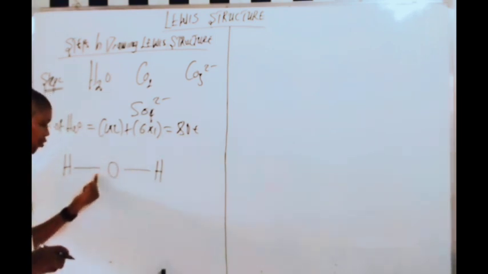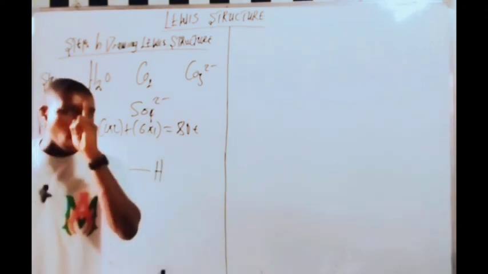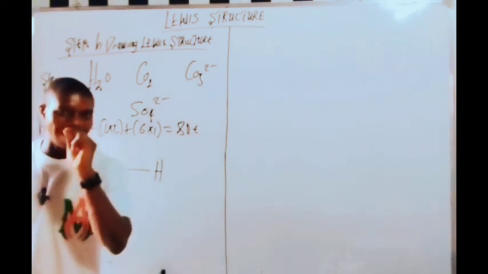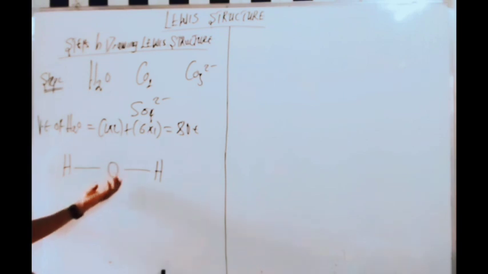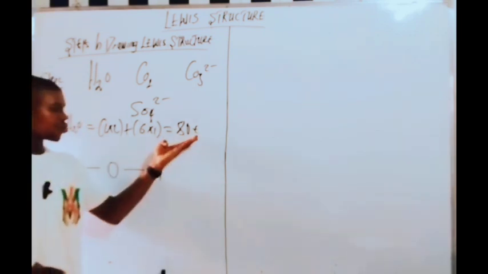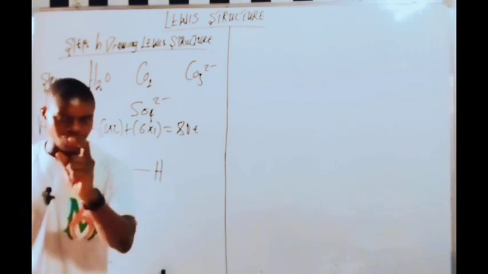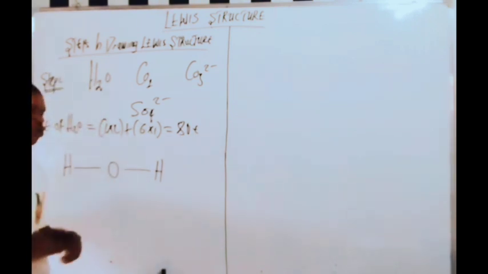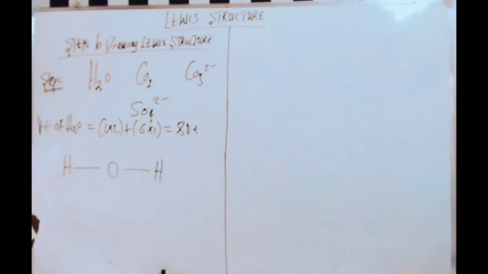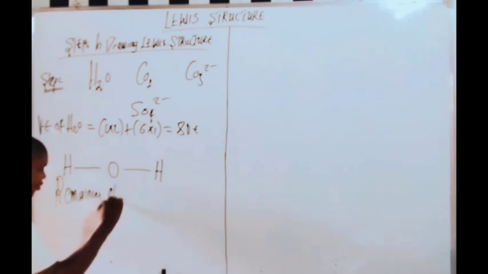oxygen now has 2 bonds. Remember, 1 bond contains 2 electrons. So out of the 8 electrons for the total valence electron here, I have used 4 electrons, because here I have 2 bonds. So I have to calculate the remaining electrons.